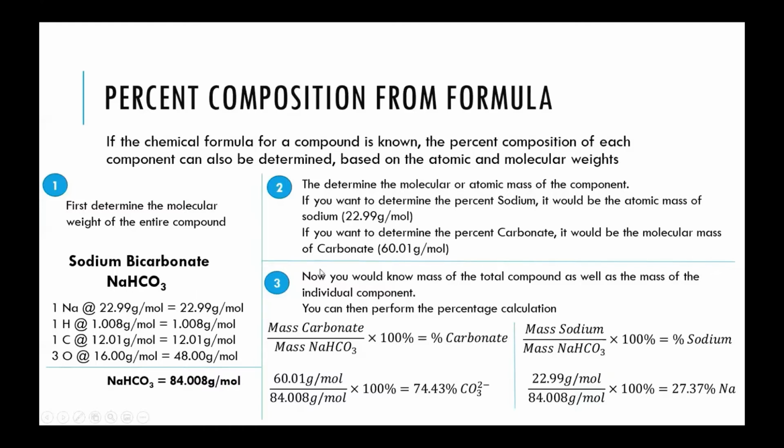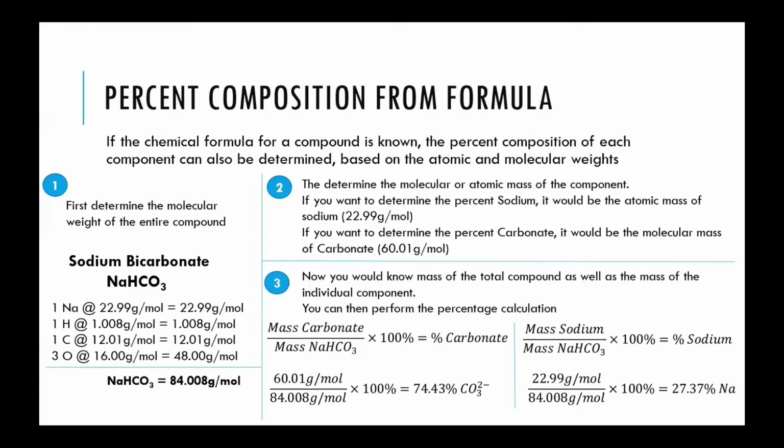When you're determining a percent composition, it can be just of a single element within the compound, or it could be a whole section. The experiment today is looking at the percent carbonate.